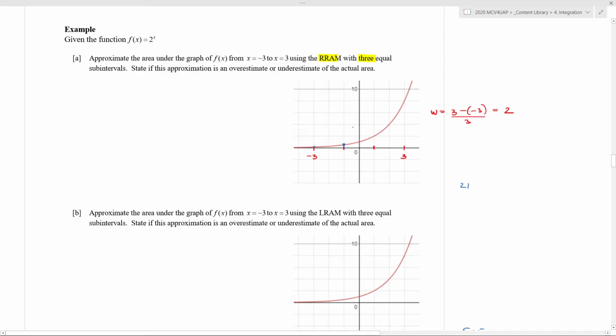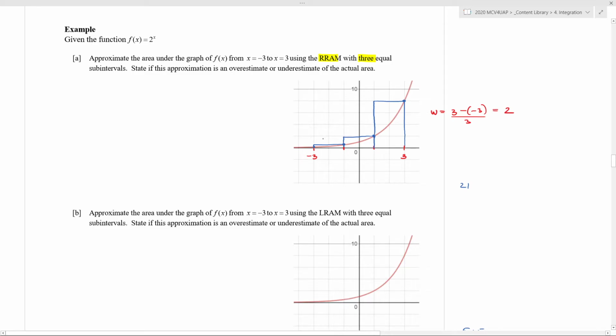This top right-hand corner gives us the height of the first rectangle. Then the top right-hand corner gives us the height of the second rectangle. And then this top right-hand corner here gives us the height of the third rectangle.